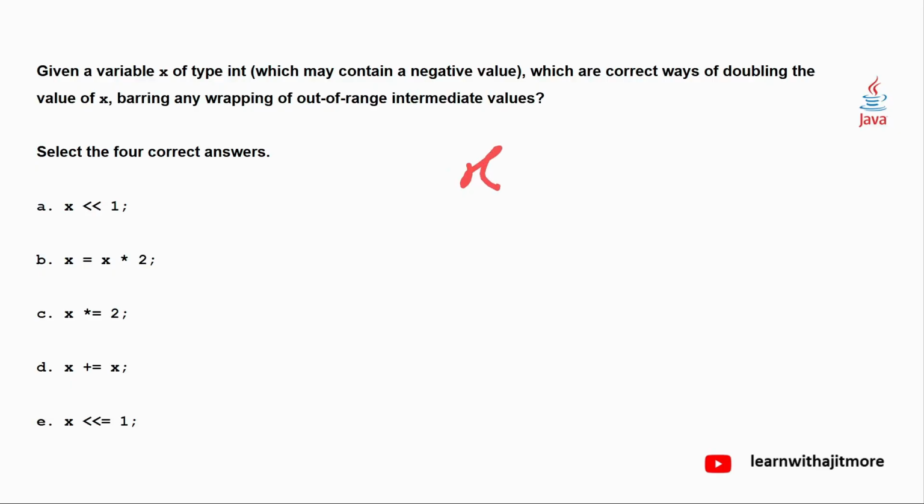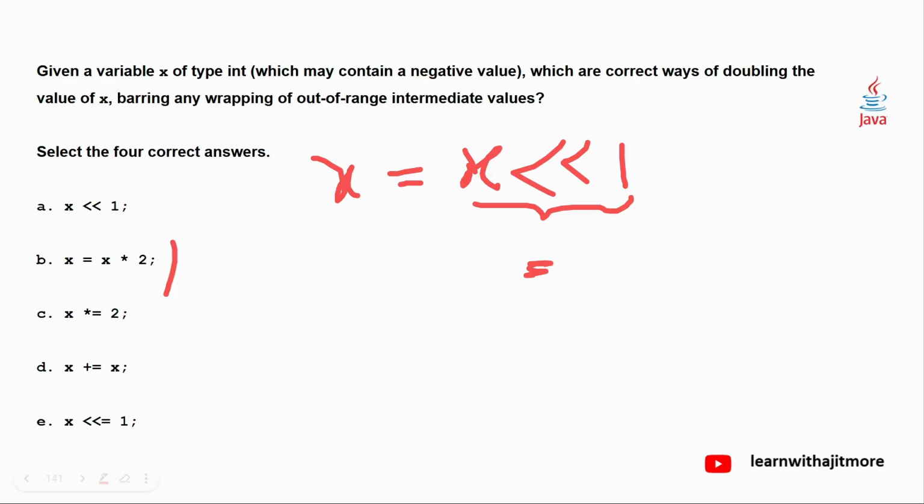When I write x left shift 1, whatever the value of x is, it will shift it one time and you get an answer. It gives you the result. x is as it is. In the memory, whatever value of x is, it is not changed. But if you assign it, then the value of x changes in the memory. Whatever result you get, it will store there. So these four are doing side effects, but this is not doing side effect.